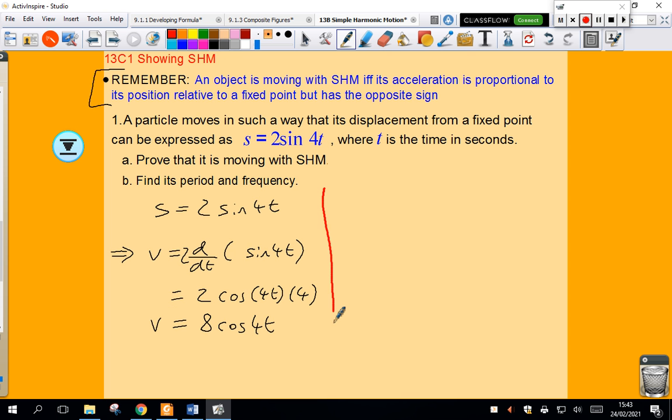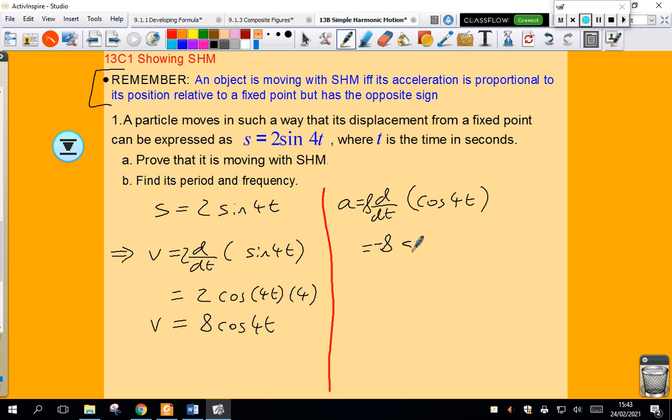To find the acceleration, we know that the acceleration is just the derivative with respect to t of the velocity. And the velocity is 8 cosine 4t. So I'm going to keep the 8 factored out and take the derivative of the cosine of 4t. The derivative of cosine is negative sine, so I'm going to put that negative in front.